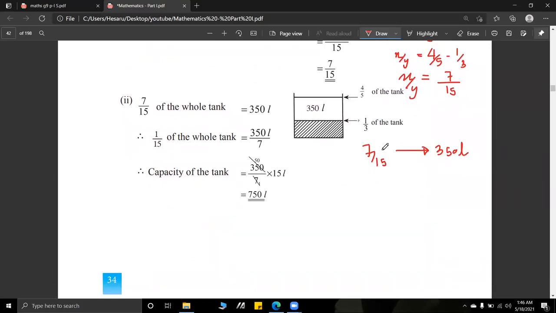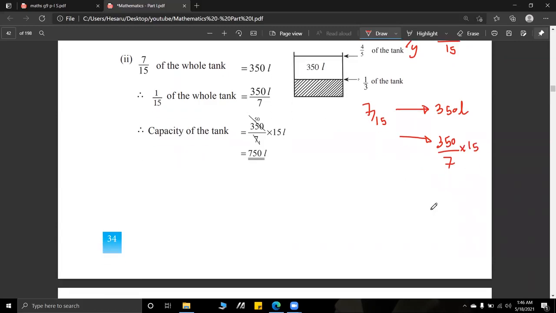you need the total one, which is 15 over 15. As I explained previously, you need to make this 15 over 15. In order to do that, you need to divide this by 7 and multiply it by 15. The same thing should be done to the right side. So 350 divided by 7 and multiplied by 15.